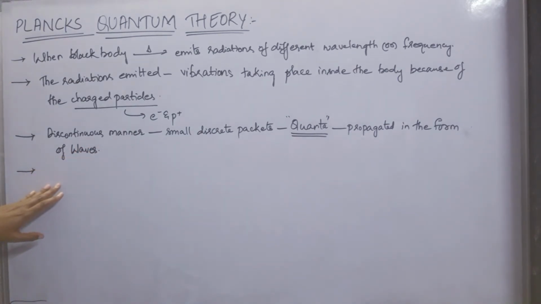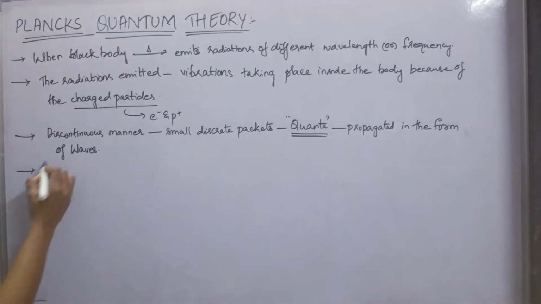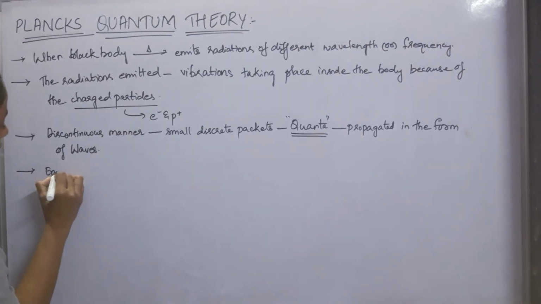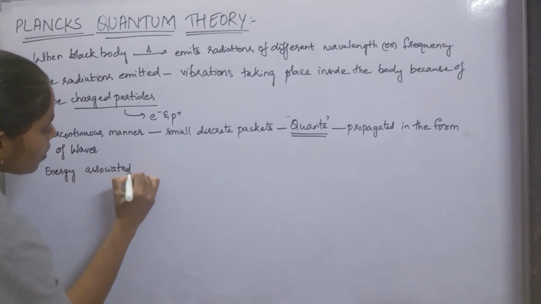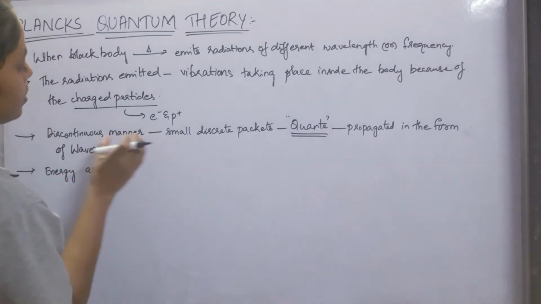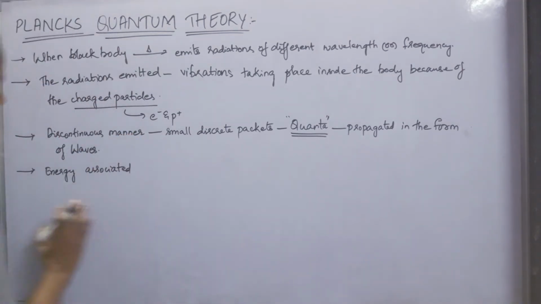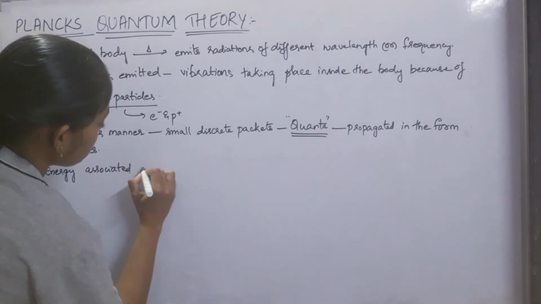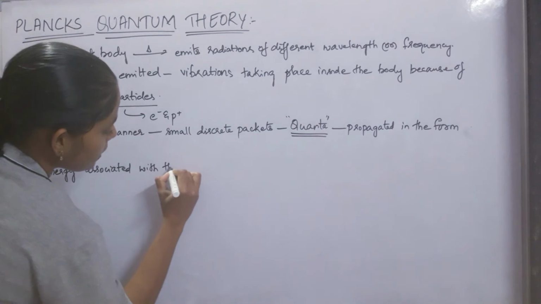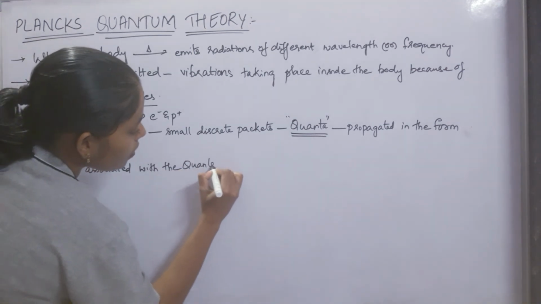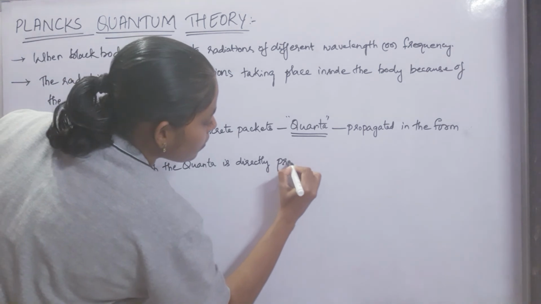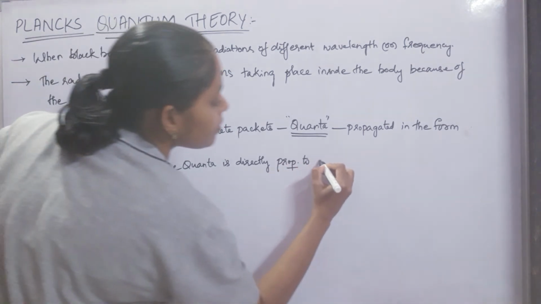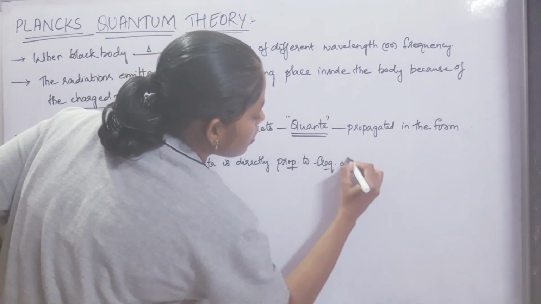And now let us discuss the energy that is associated with these radiations. They are emitted in the form of quanta, so the energy associated with the quanta is directly proportional to the frequency of radiation.